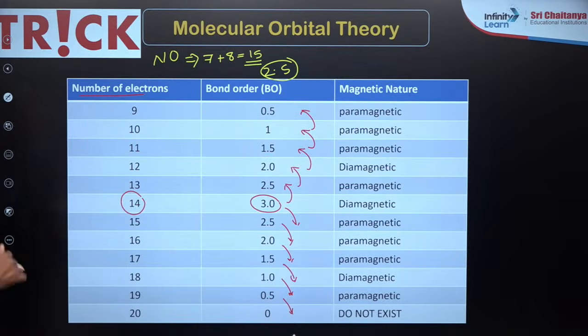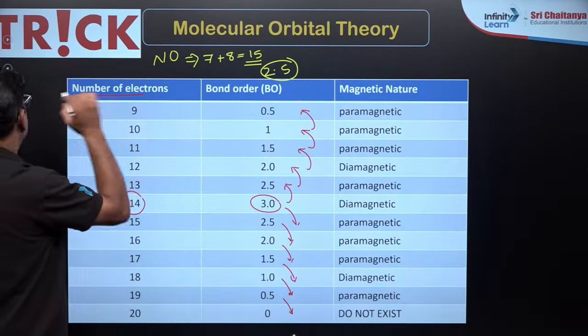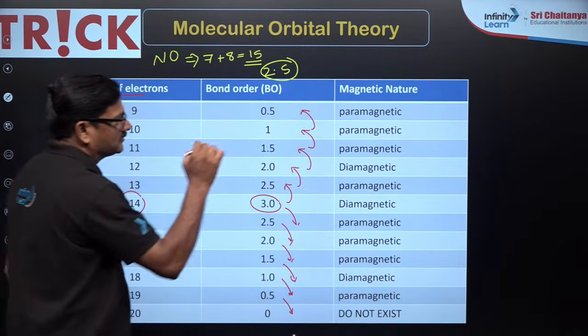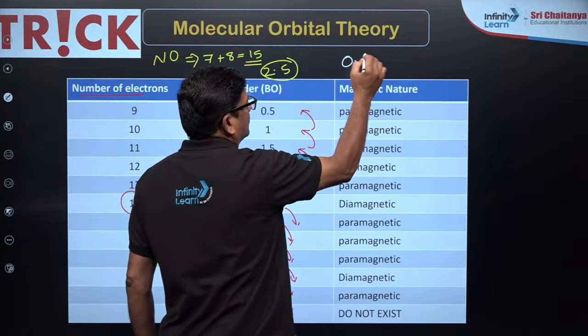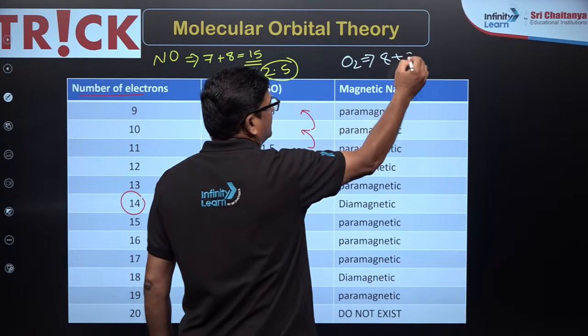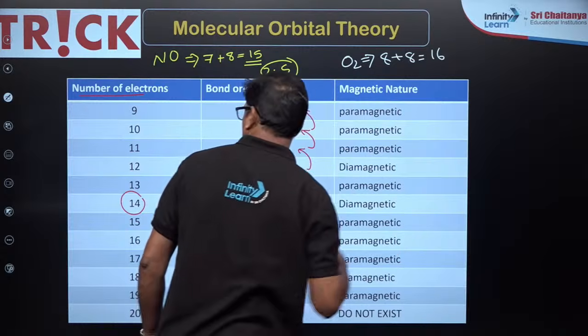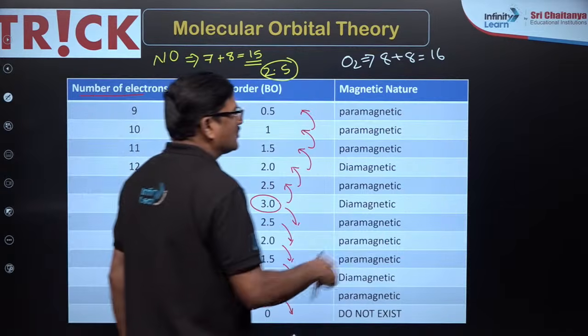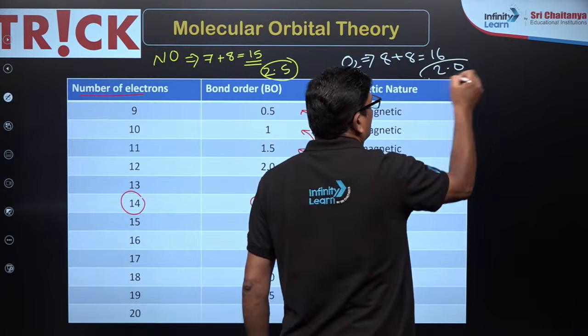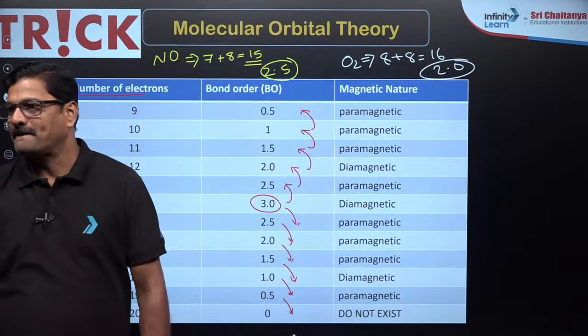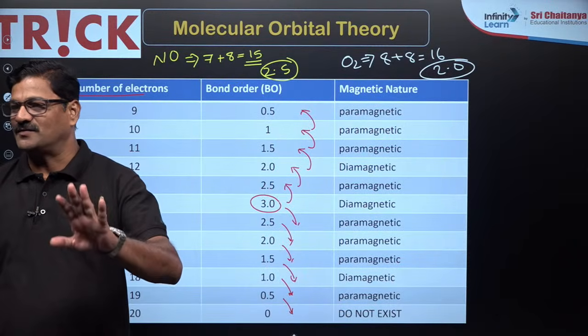Any doubt? If you take oxygen, it is going to be 8 plus 8 is equal to 16 electrons. 16 electrons means the bond order is 2.0. Understand? Simple, no? This trick is wonderful.